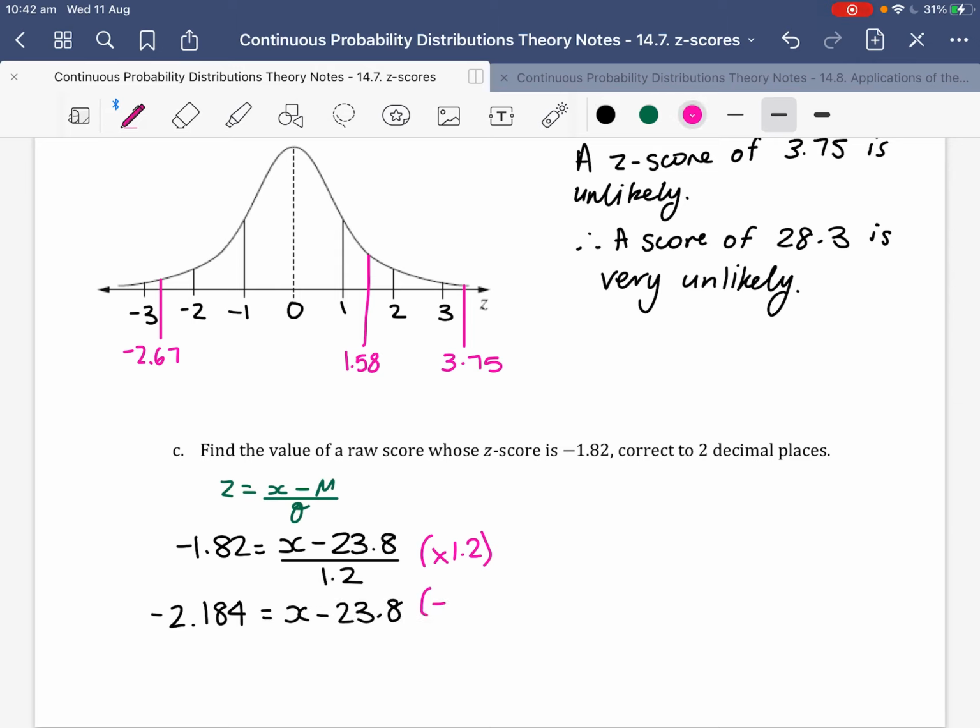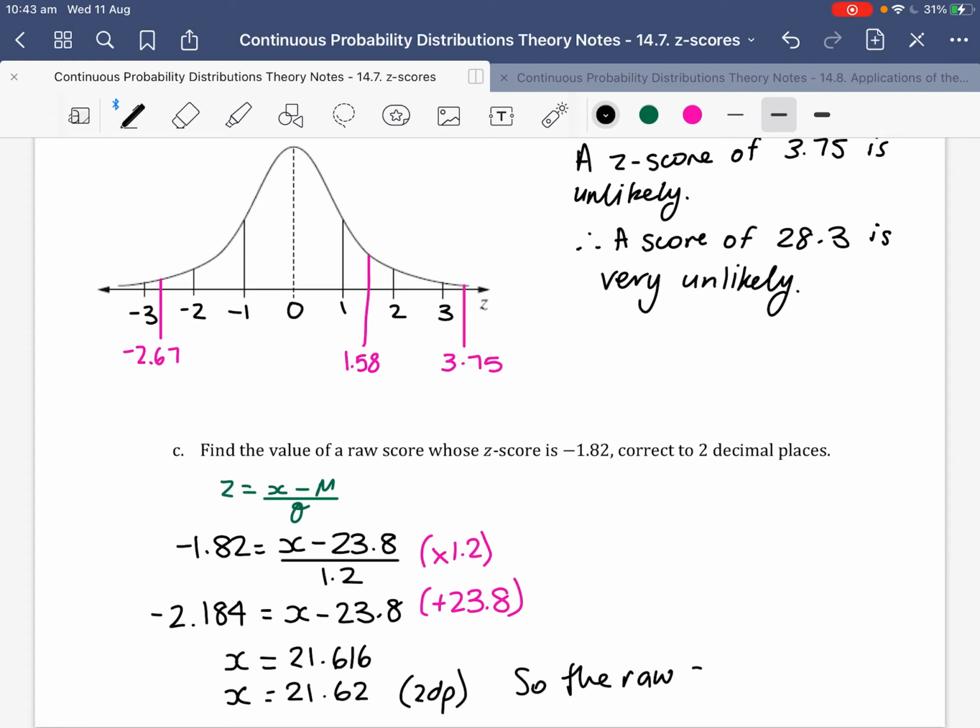We then add 23.8 to both sides to get x to equal 21.616. So x equals 21.62 to 2 decimal places. So the raw score is 21.62.